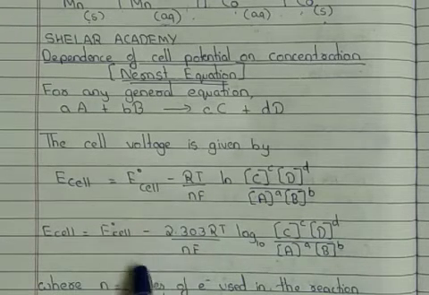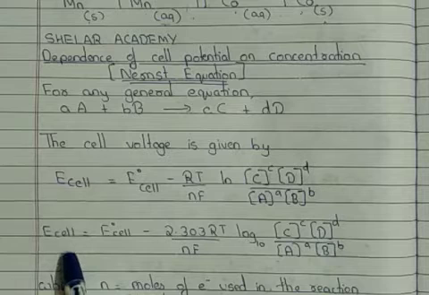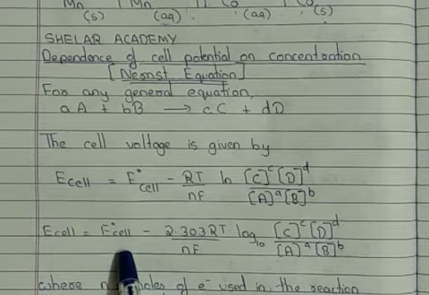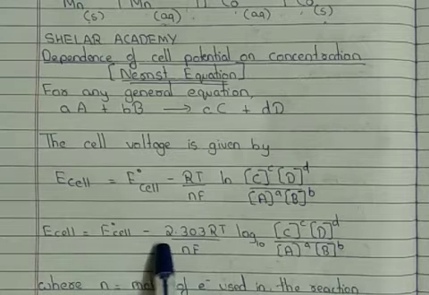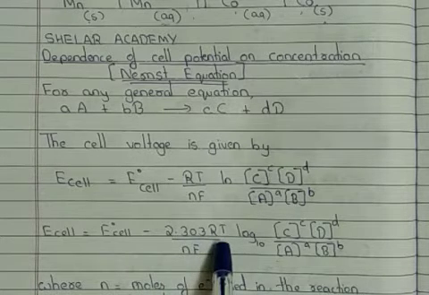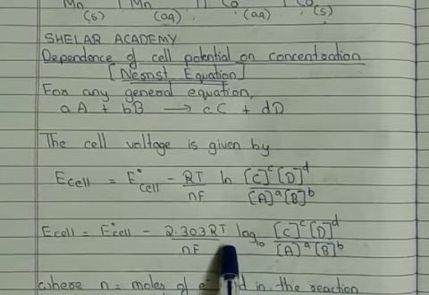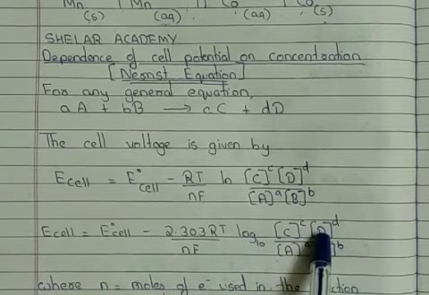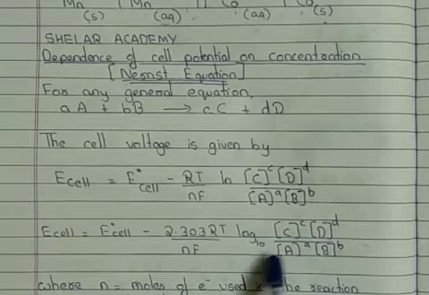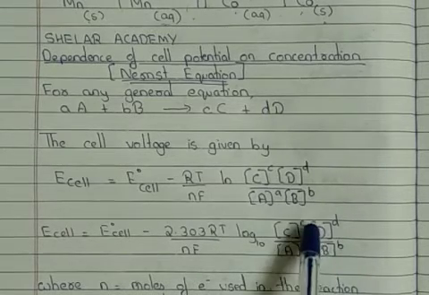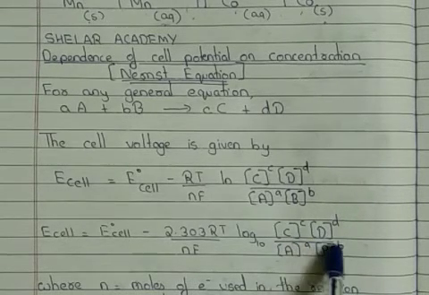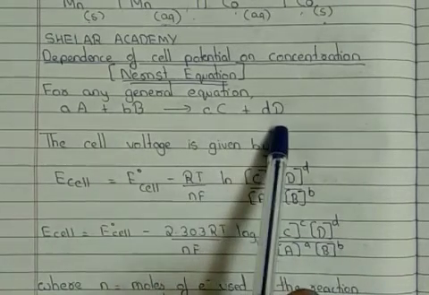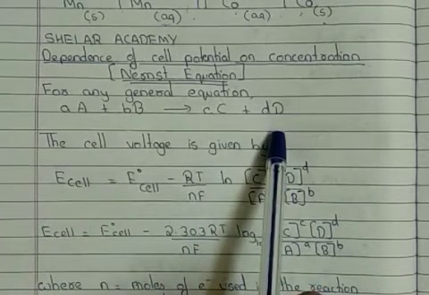So the above equation will become E cell, that is cell potential, is equal to E naught cell, standard cell potential, minus 2.303 RT upon nF into log to the base 10 of the product of concentrations of products upon the product of concentrations of reactants, with each concentration term raised to the power of its stoichiometric coefficient as given in a balanced chemical equation.